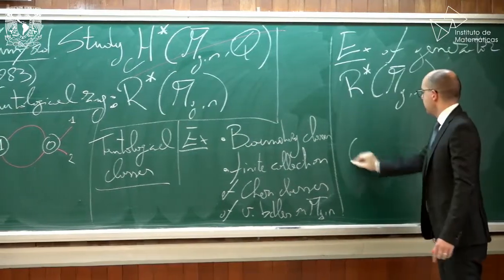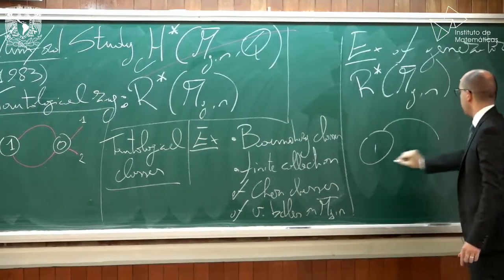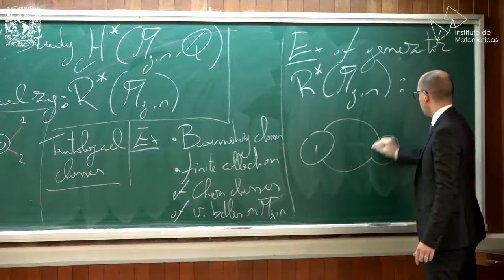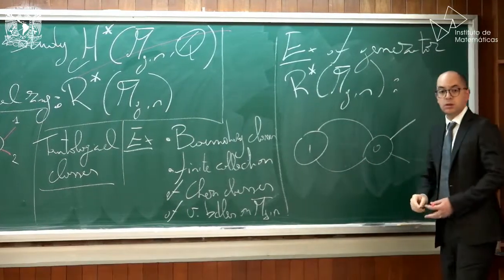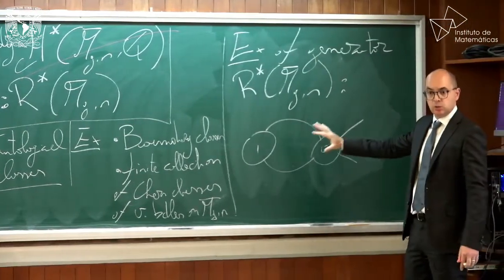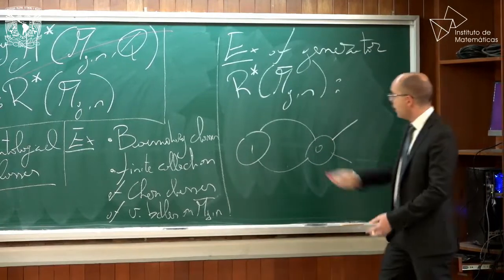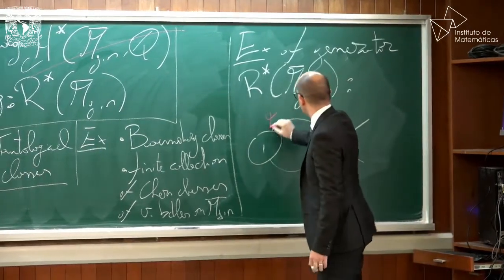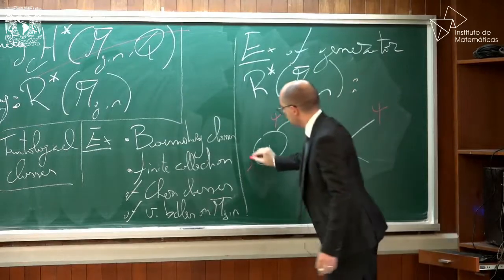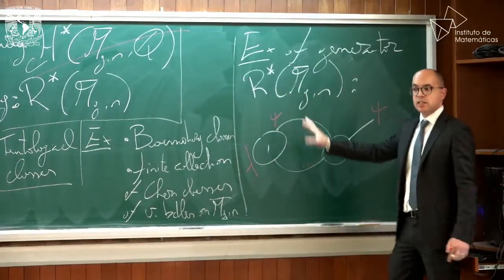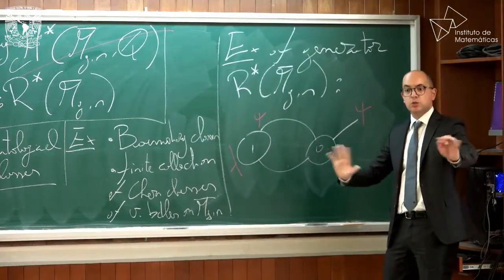So I'm going to look again at a graph, as we have seen before. This is a boundary stratum, so I take the class of the boundary stratum, and then I'm going to put decorations here. These Greek letters psi and lambda, so the decorations come in two types.